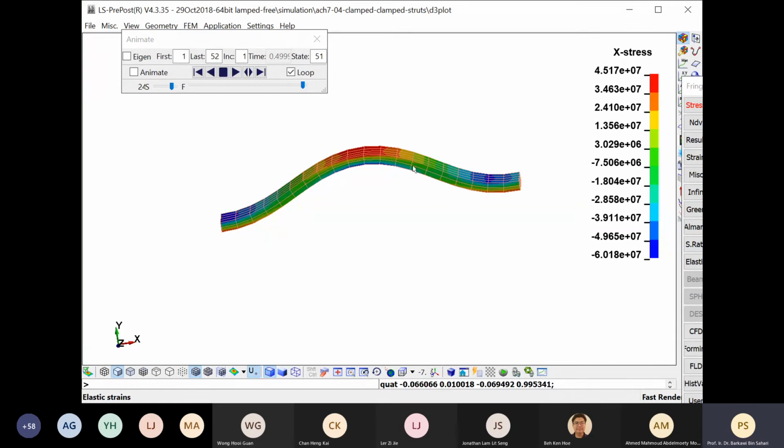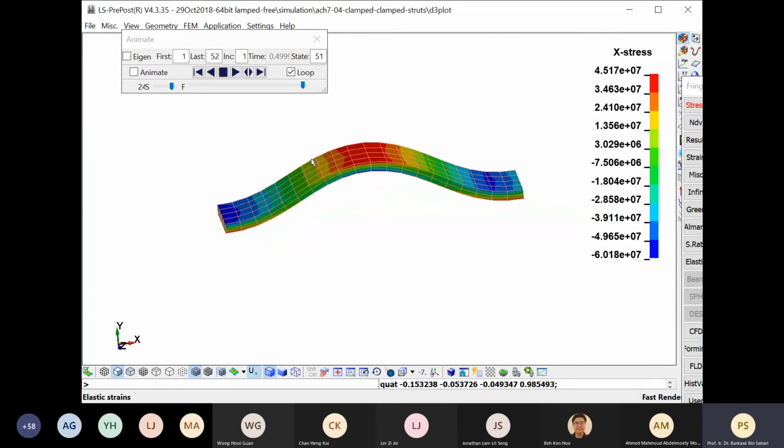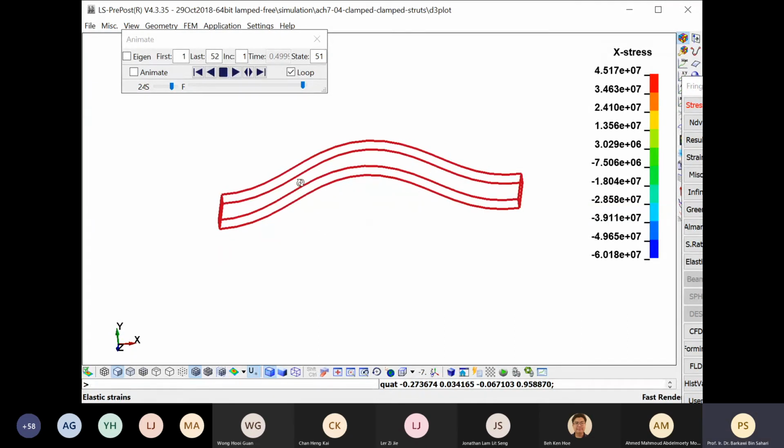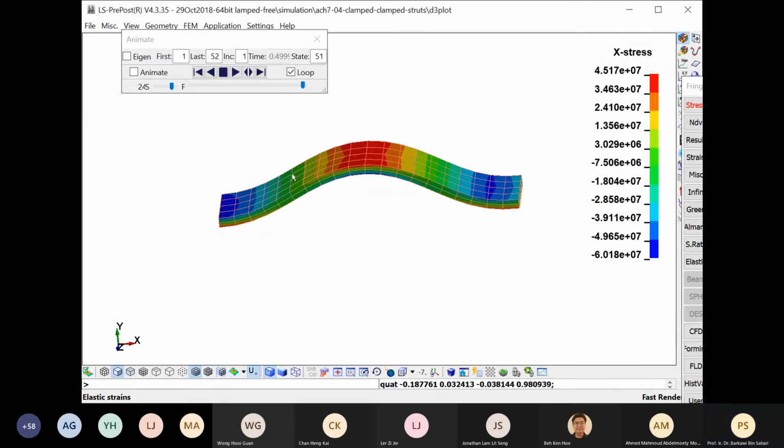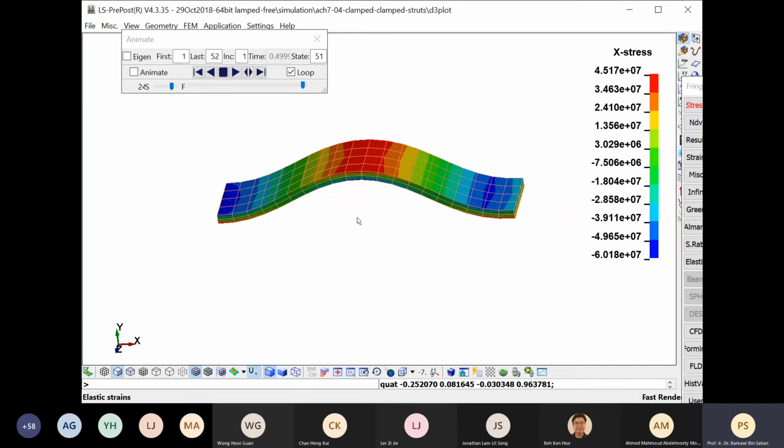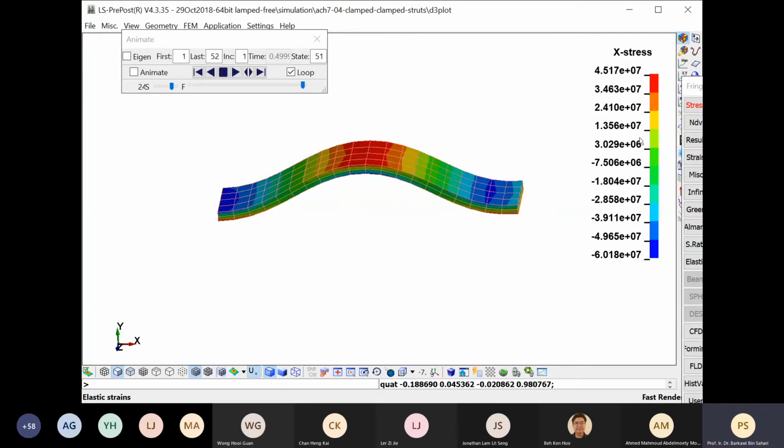Now at this point, it's about 1/4 from each end. We have a green band of stresses there. Okay. Can you see that? 1/4 from the left end and 1/4 along the beam from the right end. So we have a green band of stresses there, which is 0 value according to this X stress color scale.